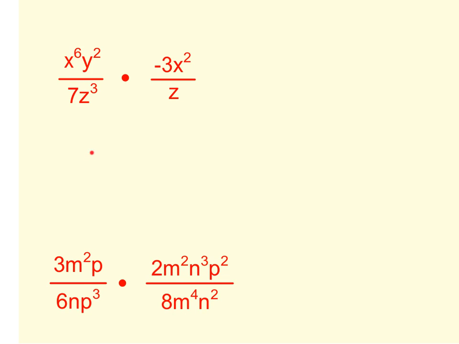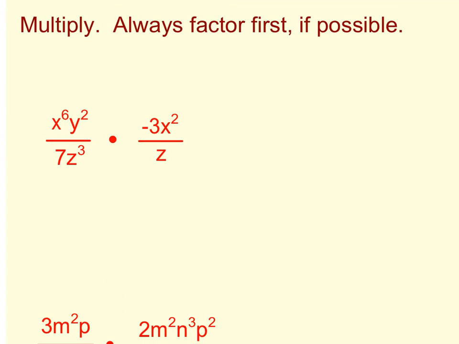All right, so when we are multiplying rational expressions, if you can, you do want to factor everything first and then go ahead and do the multiplication or the simplifying, and I'll show you what that means.